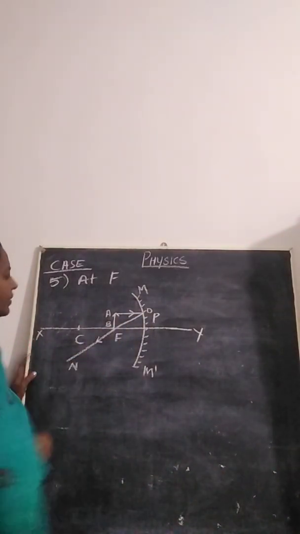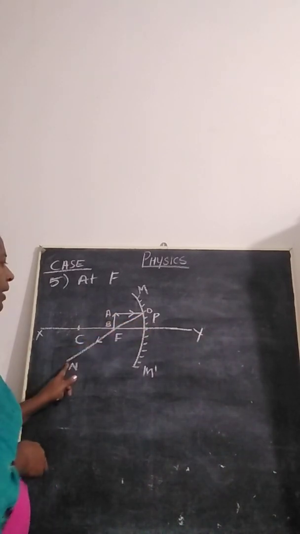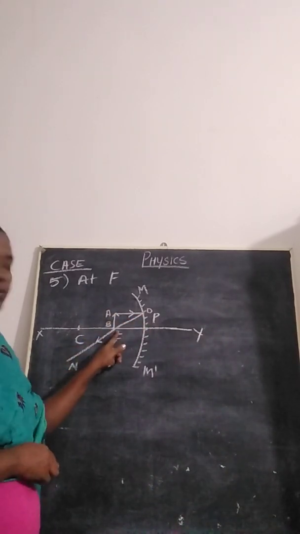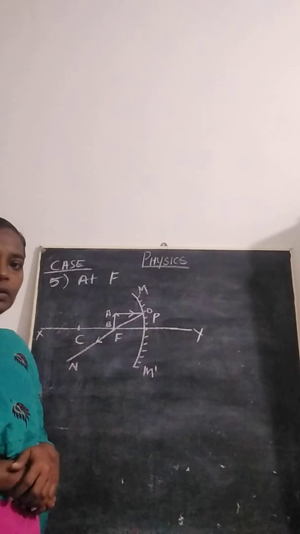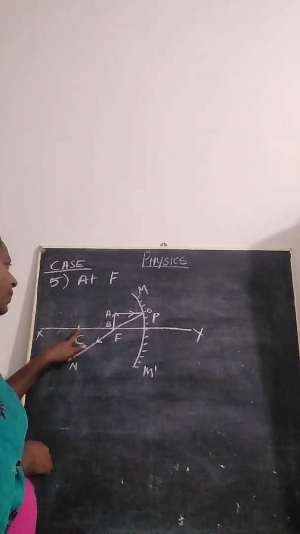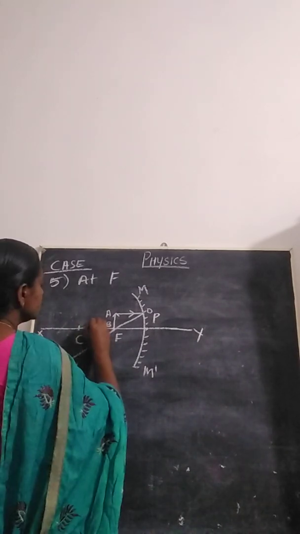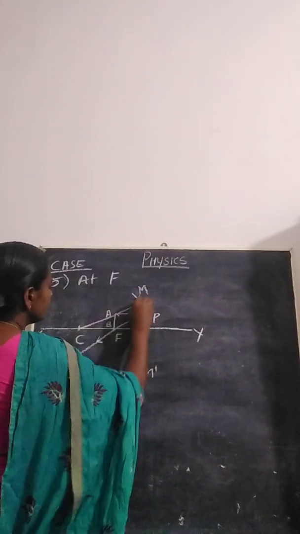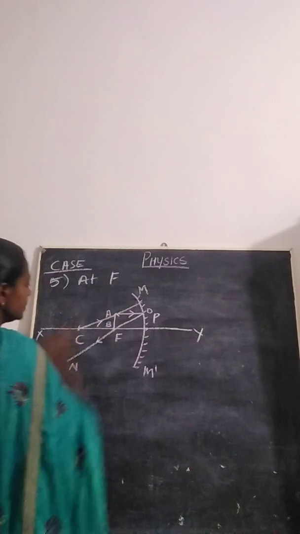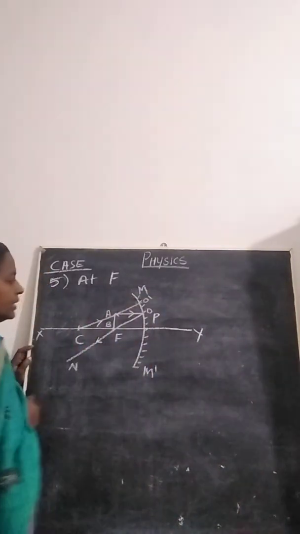ON is the reflected ray. First incident ray AO, the reflected ray ON passes through the principal focus according to rule number 1. Secondly, I am considering the ray that passes through the center of curvature of the mirror. This is the direction of the incident ray, and O dash is the incident ray.